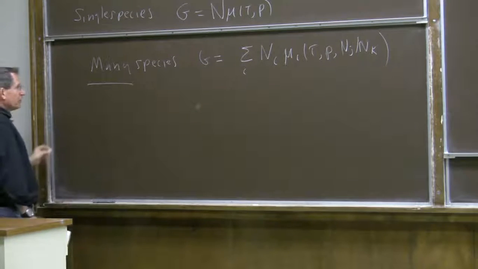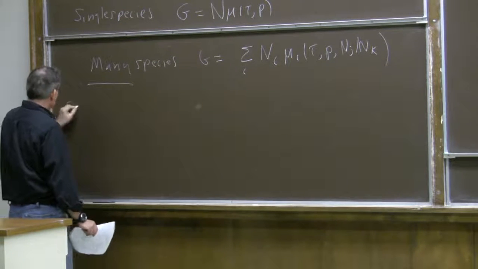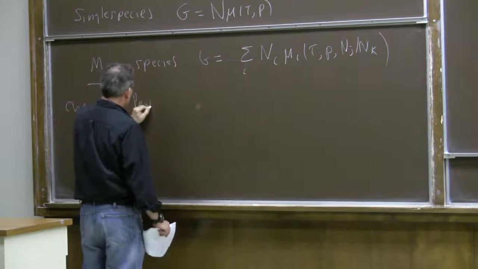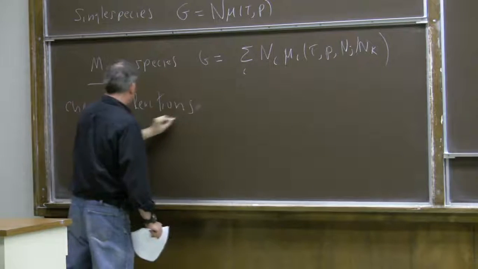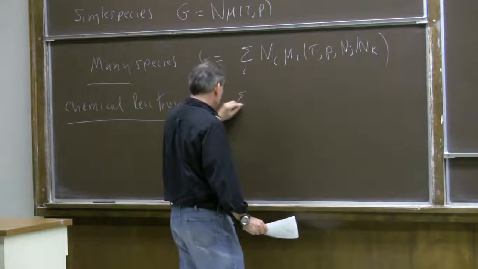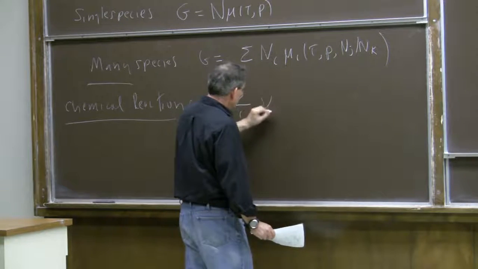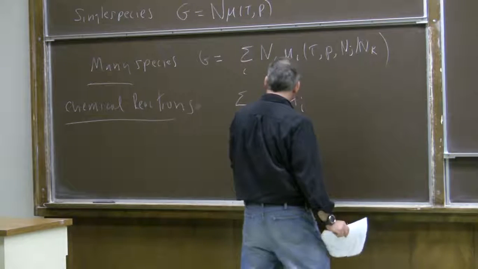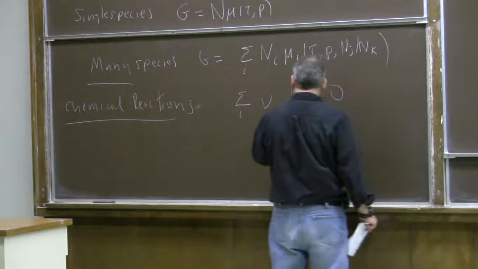We talked about chemical reactions and chemical equilibrium. We said a chemical equation can be put in the form the sum over species of some quantity nu_i times label for species i equals 0.